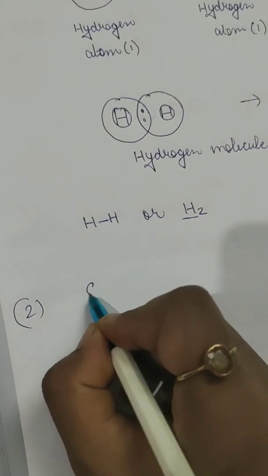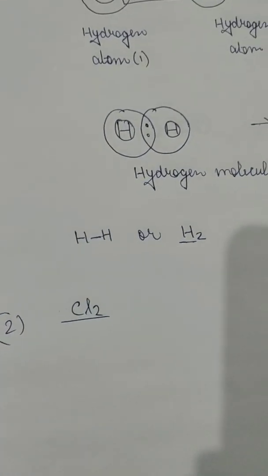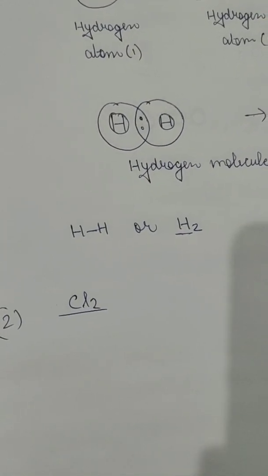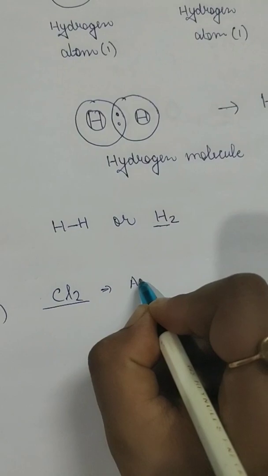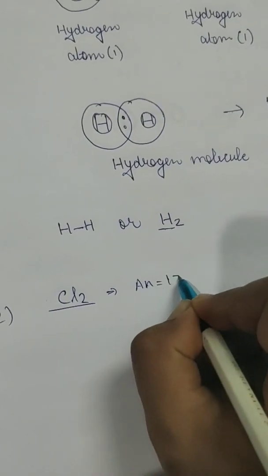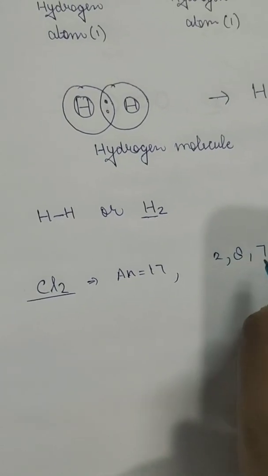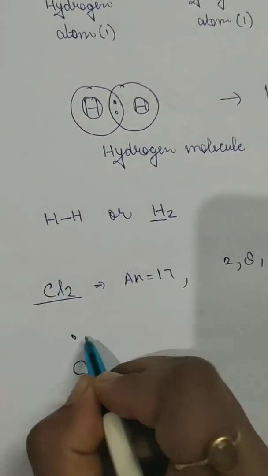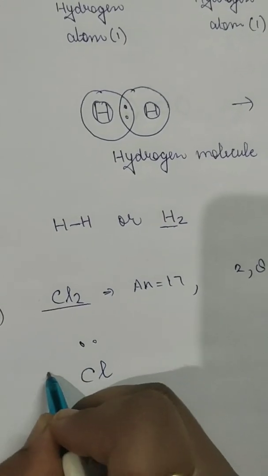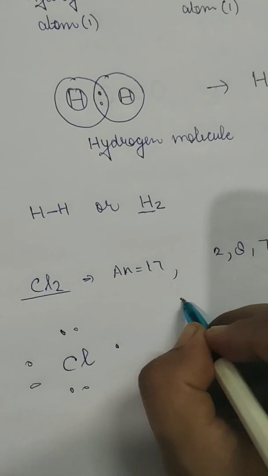So chlorine again is a diatomic gas, we know that, and chlorine has atomic number 17 and the configuration is 2, 8 and 7. So if we take the chlorine atom here, it has 7 electrons and 7 in the next.